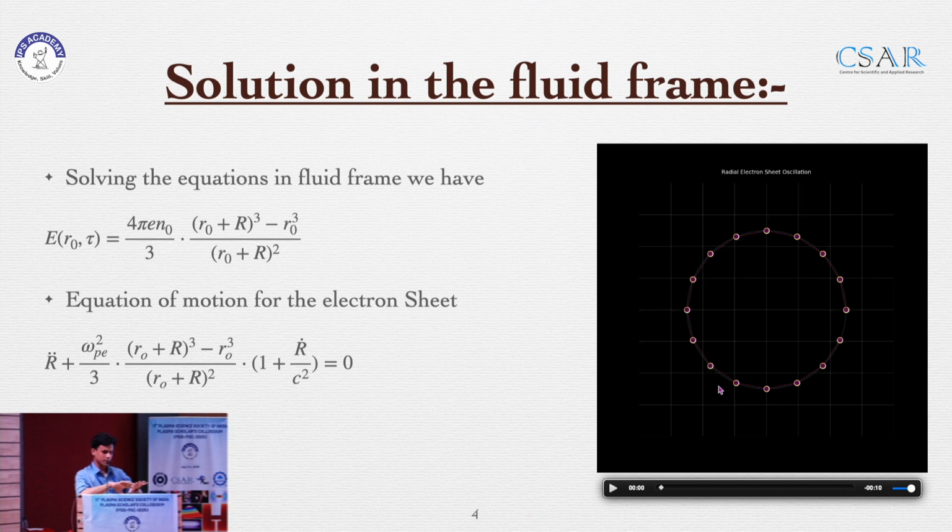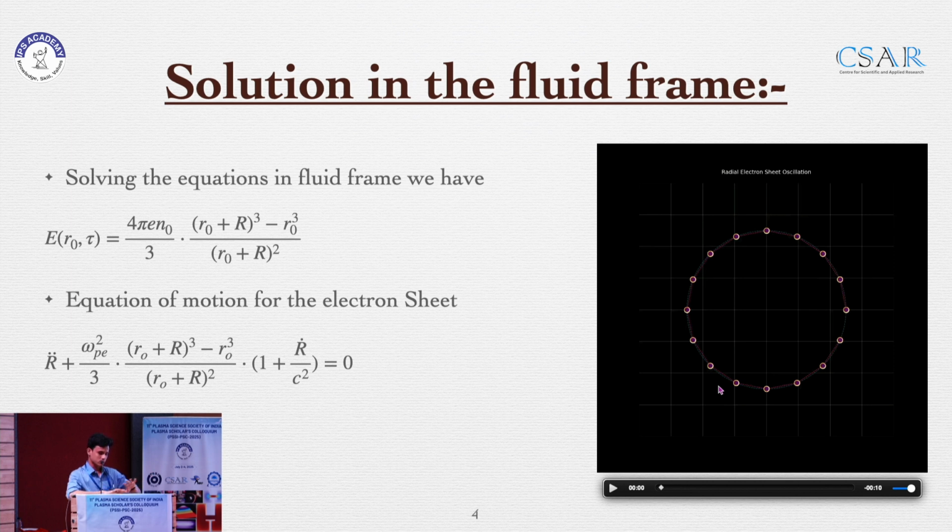That means I give a push to the electrons. The nature of the push is spherical. That means I am giving the perturbation whose wavefront is a spherical wavefront. That's why the electrons are going spherically outward from the ion.